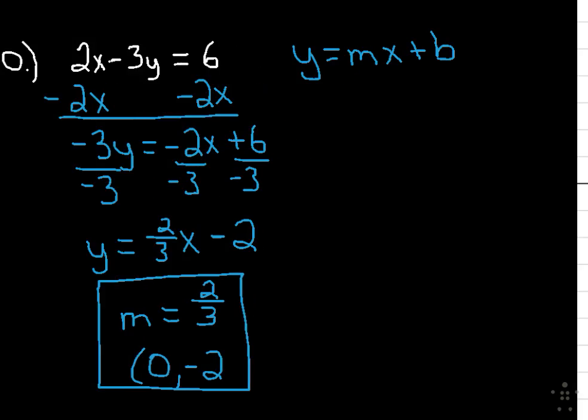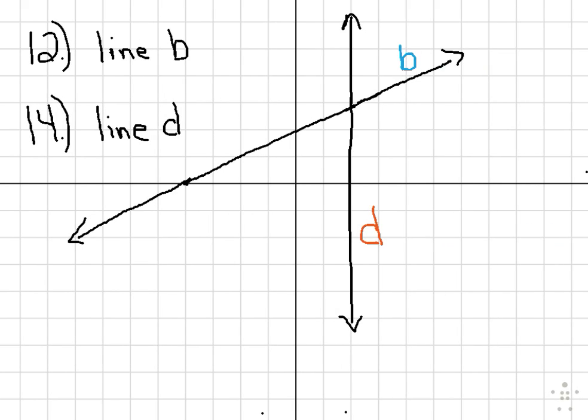Moving on to number 12 and 14, we have two lines graphed here, and I'm supposed to find the slope of each graphed line. Now, in order to find the slope, I need 2 points. I don't have 2 points as an ordered pair, but I can look at my graph and see for number 12 that there's a point right there, and that is (-4, 0).